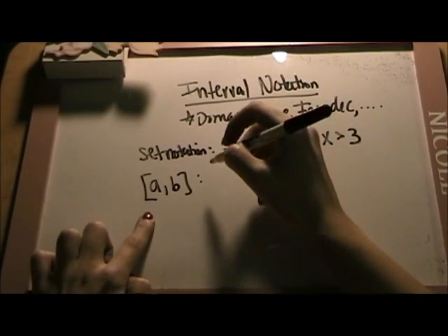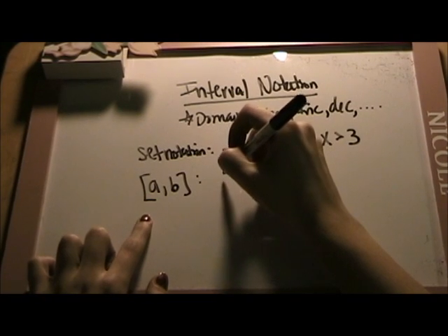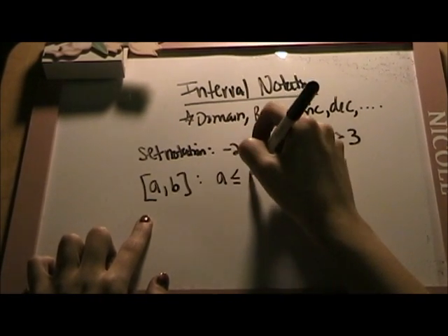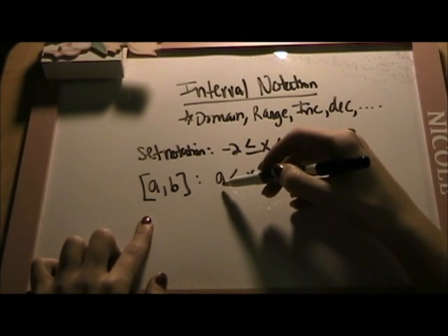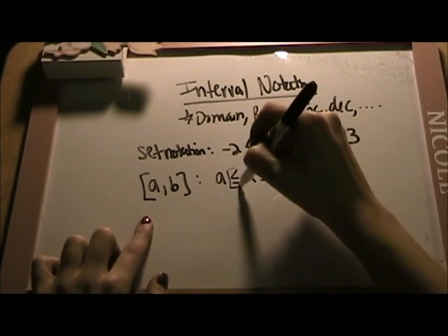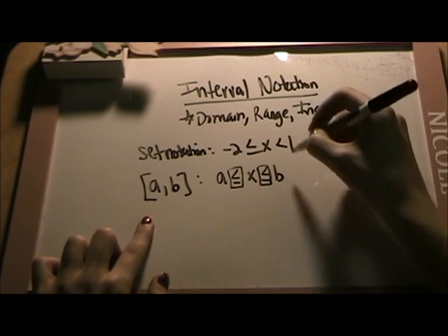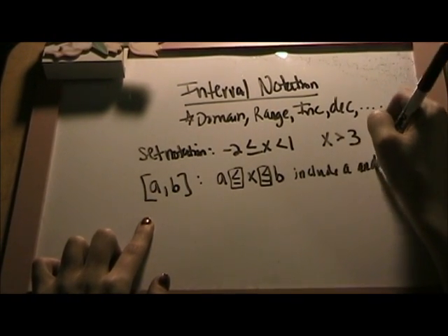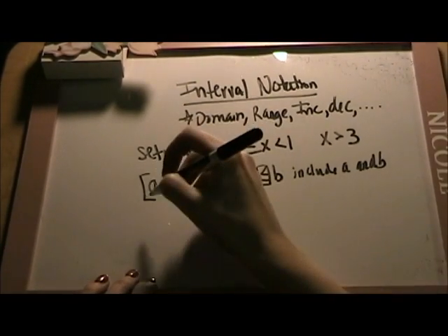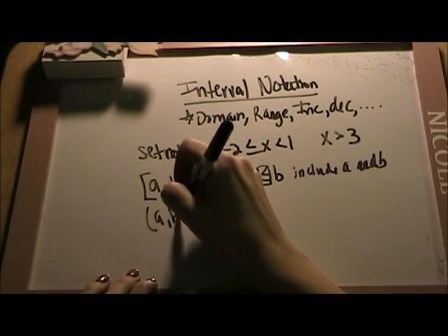And this means that our value of x is between a and b. So b is our highest value, a is our lowest value. And brackets means that we include a and b. But we also use parentheses.